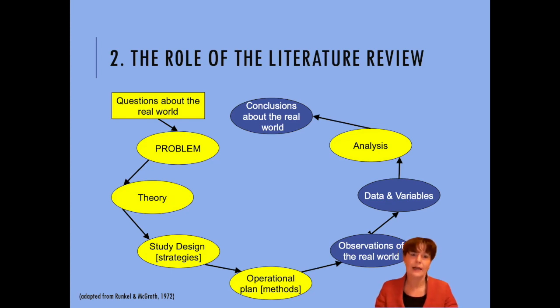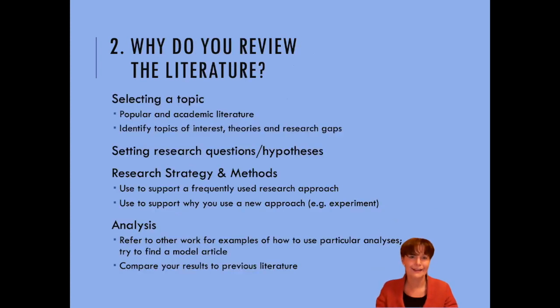So let's look in a little bit more detail in how the literature review fits into these different elements of the empirical research cycle. So first of all, selecting a topic. You can select a topic based on your observations of the real world, but you can also select a topic by reading either the popular or the academic literature.